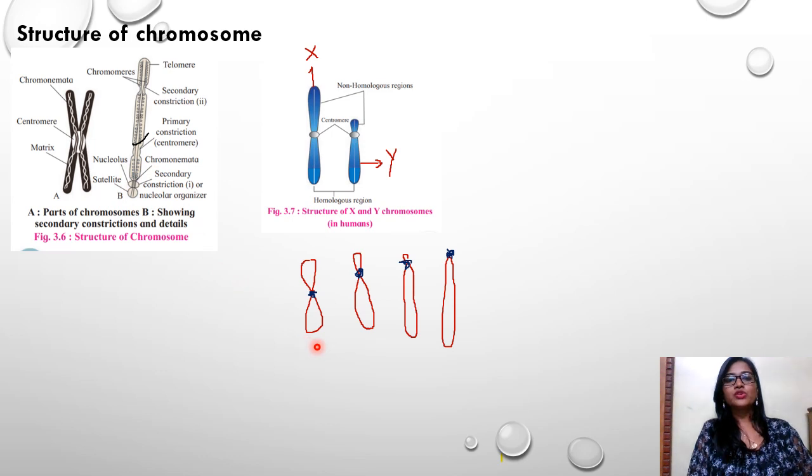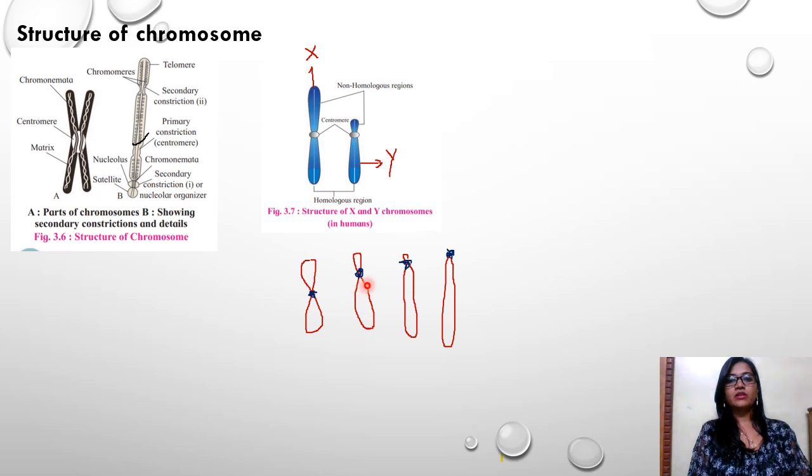Now there are types of chromosomes. You can see the diagrams, four diagrams, and the blue or violet dot is nothing but the centromere, the position of the centromere. On the basis of that, the chromosome is divided into four types. This is called metacentric, when the centromere is positioned at the middle of the chromosome. This is submetacentric, where the centromere is a little distance away from the middle point.